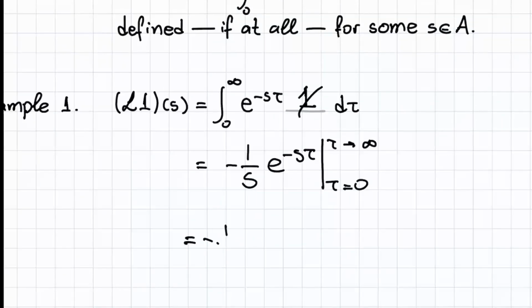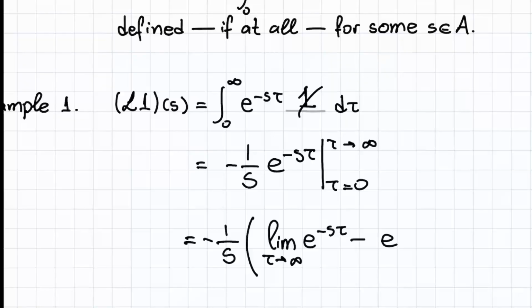So this is equal to minus 1 over s. I'll put this outside. The limit of e to the minus s tau as tau goes to infinity, minus e to the minus s times 0, well, this is just 1.